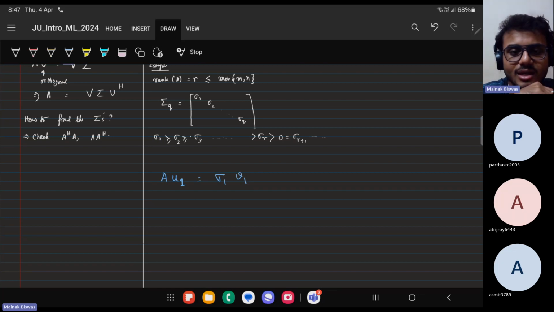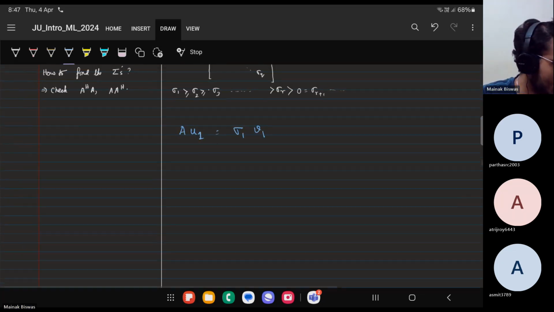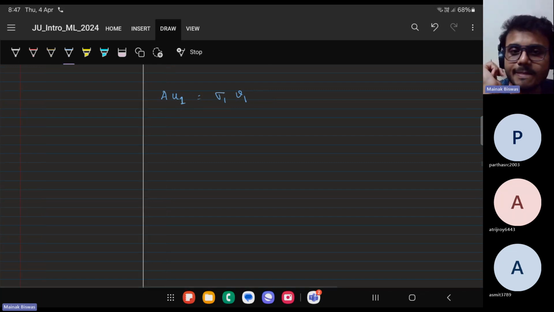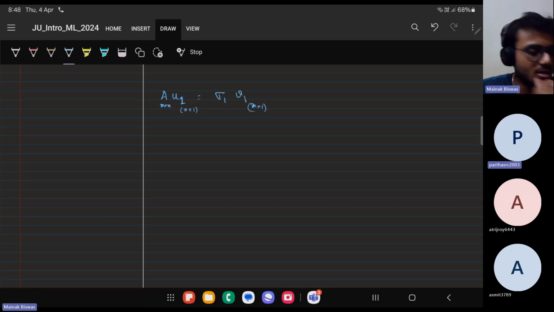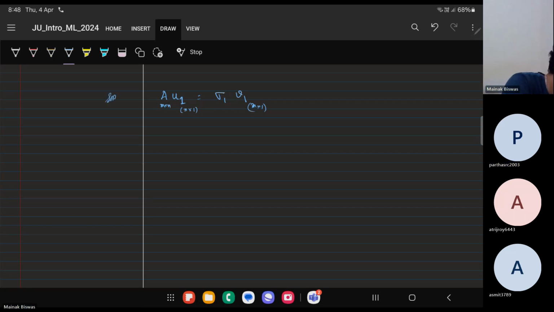This is not an incorrect statement for a matrix-vector multiplication. U and V are different. What is the dimension of A? A is m cross n. What is the dimension of U? n cross 1. This is a scalar. And this is m cross 1. Yes or no? Some arbitrary equation.